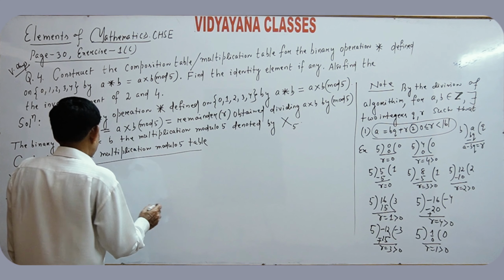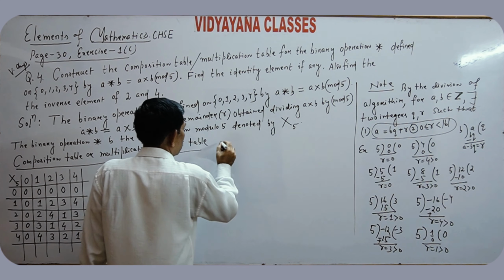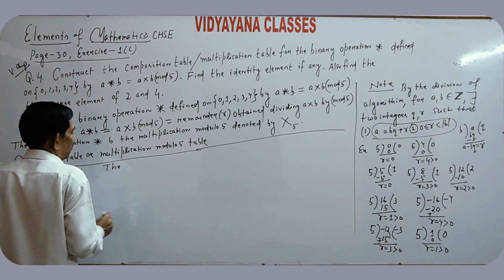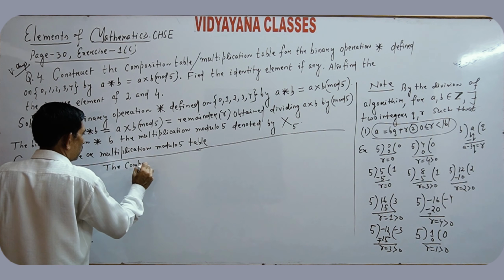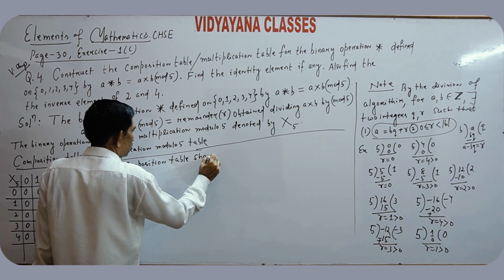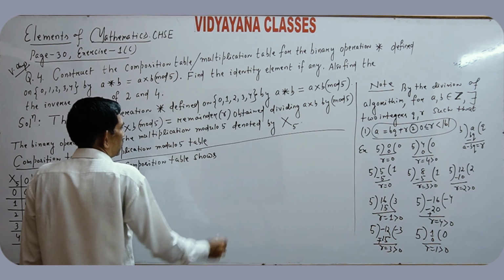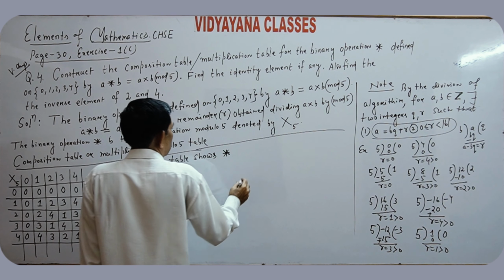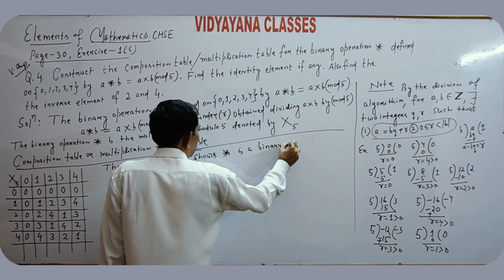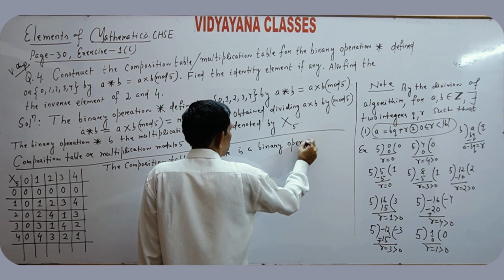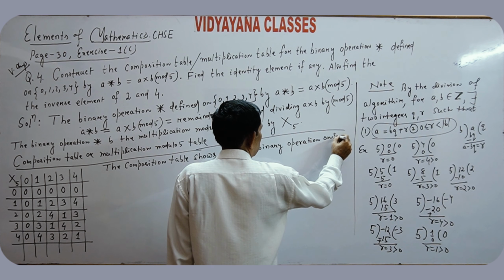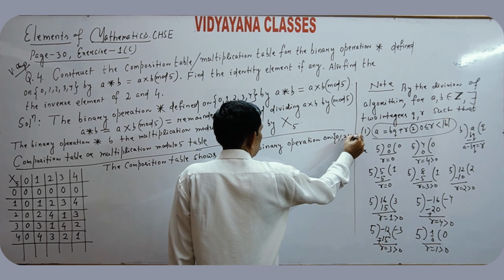The composition table shows star is a binary operation on the set {0, 1, 2, 3, 4}.